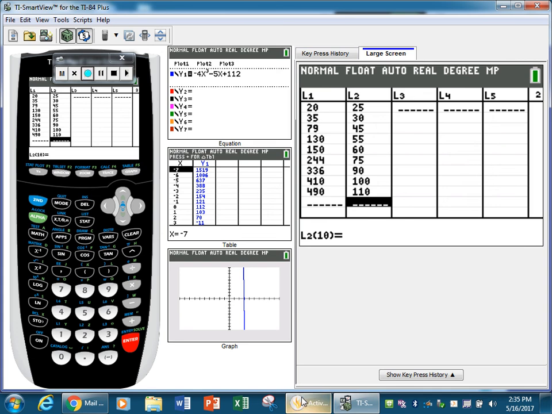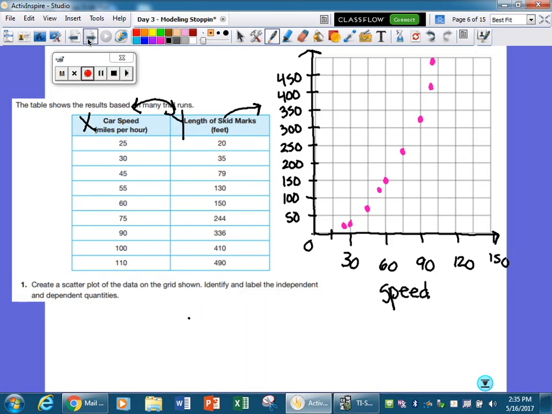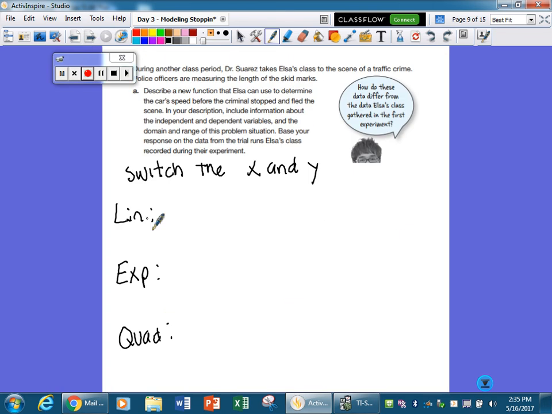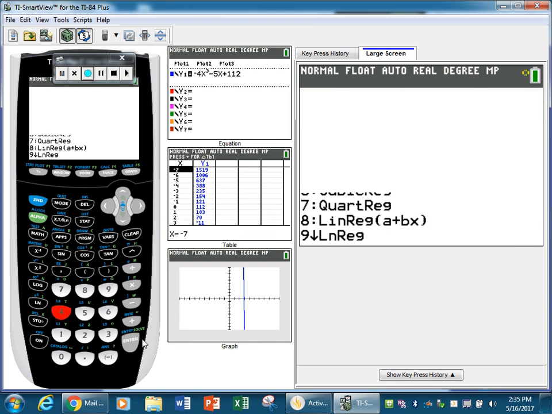So I go back, I'm going to start with linear. I already typed it in, and I'm going to do number 4, remember. So linear is 4, exponential 0, quadratic's 5. So linear, so stat over 4, enter.